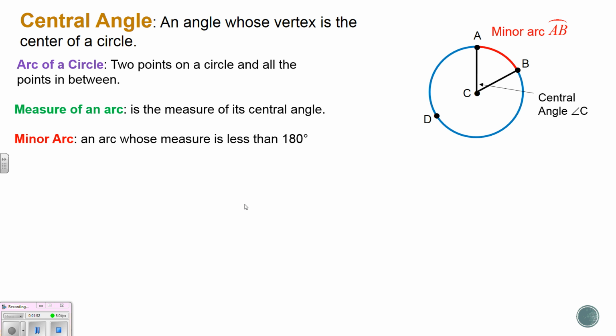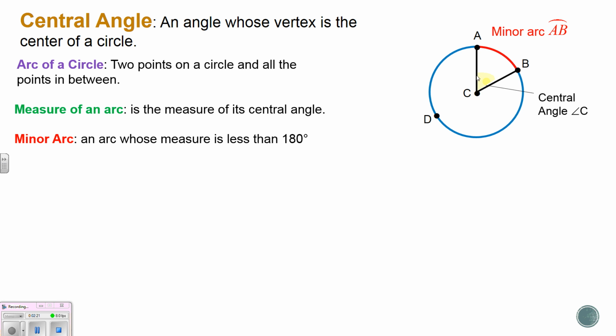So when I talk about AB, who knows if I'm talking about this little arc or if I'm talking about this really big arc, right? AB could go that way. So I could start at A and walk to B this way, the short way, or I could walk all the way around to get to B that way. So the minor arc is the little one that's less than 180 degrees.